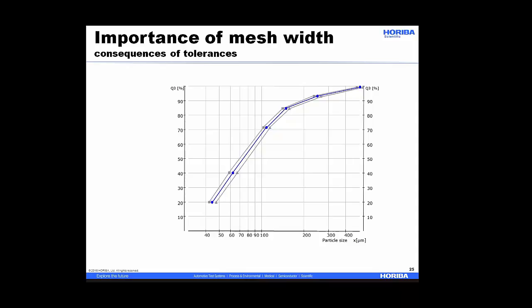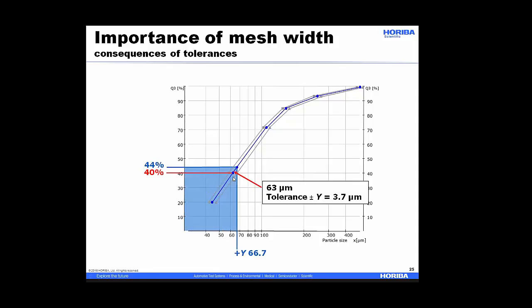So what about these tolerances of mesh width that I mentioned before? Let's say I want to find D40. At 40%, I have 63 microns, and I have plus or minus 3.7 microns. Well, if I go 63 to 66.7, now I go from D40 to D44.